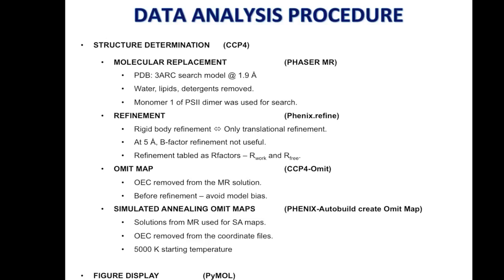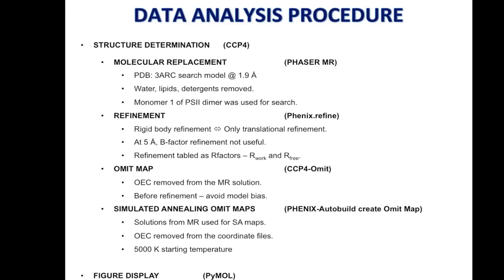One way to do that is by calculating an omit map. An omit map basically omits a portion, certain residues, or in this case, for example, the oxygen evolving cluster, from the actual refinement procedure, and then you compare the non-omitted version with the omitted version, for example with a difference map, to see whether there is a bias arising out of the model or not.